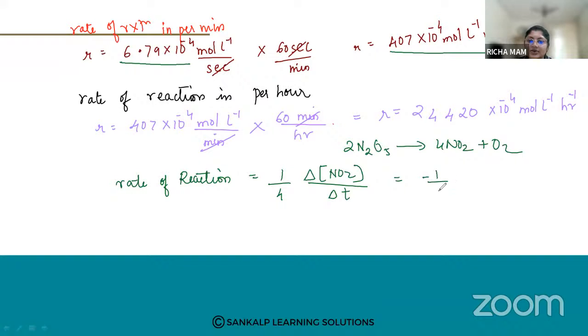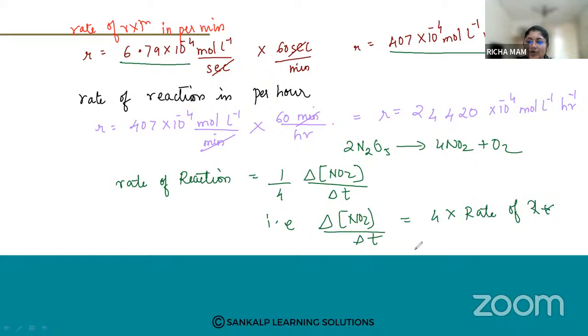So change in NO2 by delta t is equal to 4 times rate of reaction. So 4 into 6.79 into 10 raised to minus 4 mole per liter per second. Calculate now how much is produced.